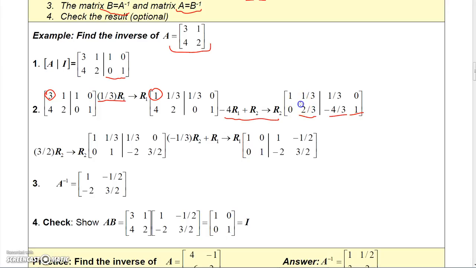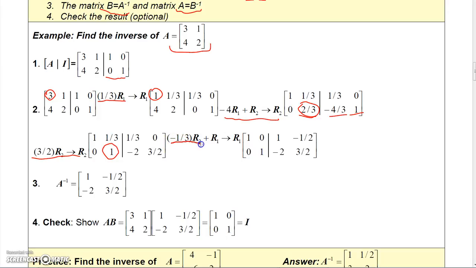Okay, so now I want this to be a 1. So I'm going to multiply by the reciprocal of 2/3, which is 3/2. If I multiply everything in row 2 by 3/2, that's going to give me 0, 1, -2, and 3/2. Now I've got the 1 here, and I want to multiply this 1 by -1/3 and add it to row 1 in order to cancel the 1/3.